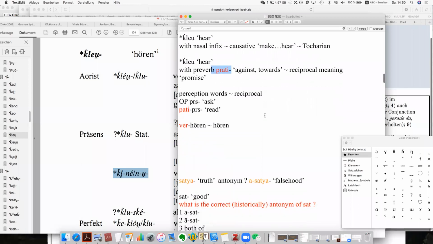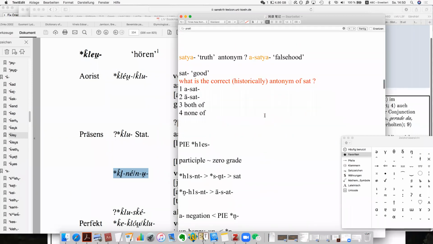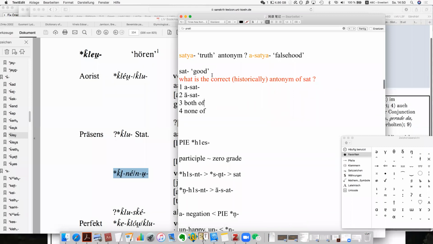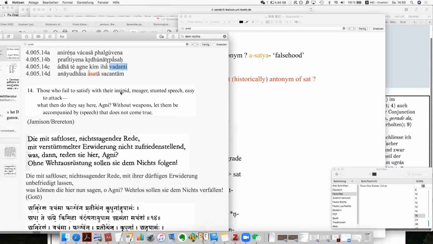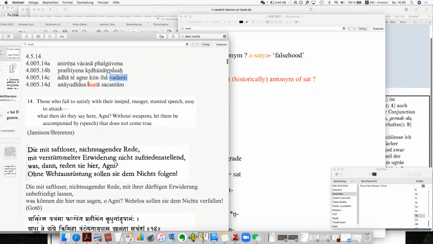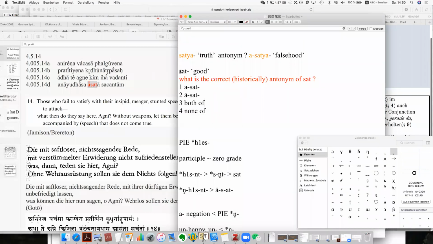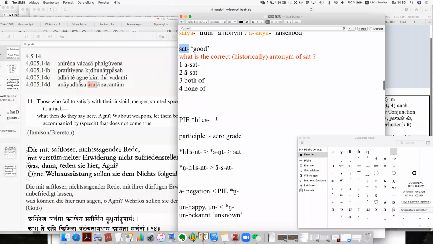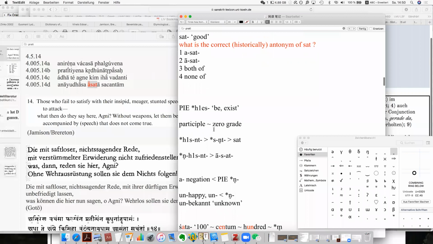Then we talked about the laryngeal, namely we read a verse from 4.5.14, and this is a negation of sat. So sat comes from the root "be," "exist."